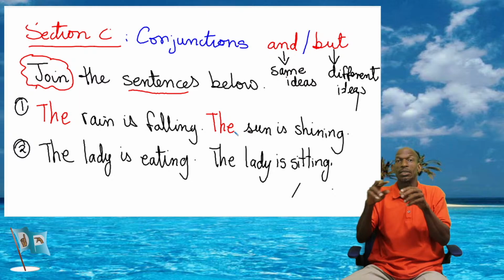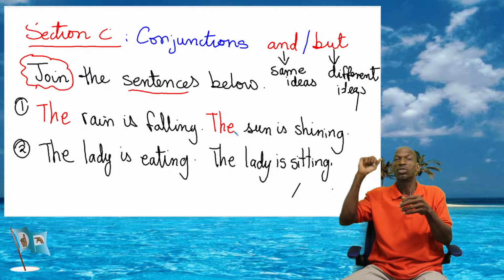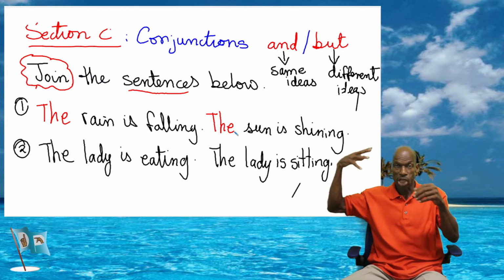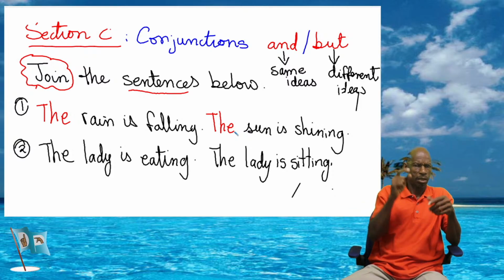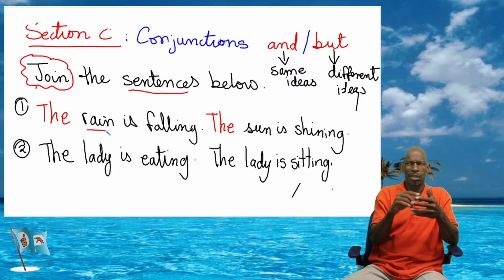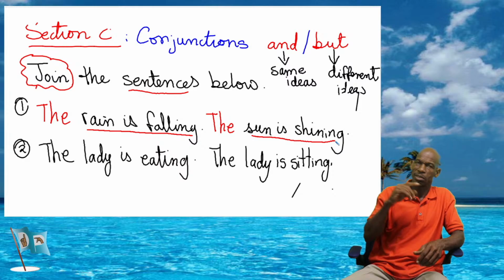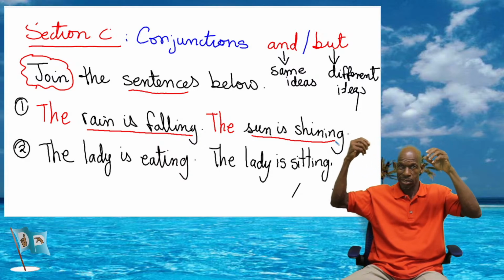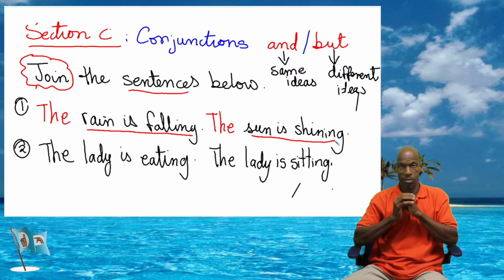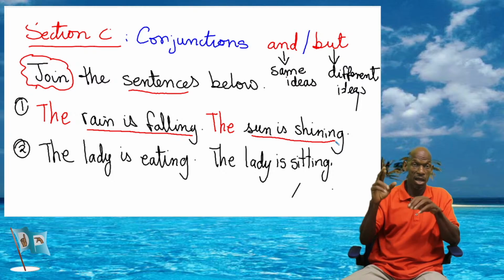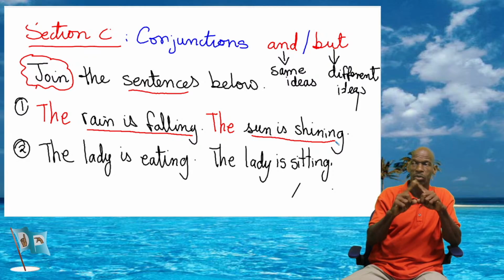What is the idea? One sentence is saying the rain is falling, one is saying the sun is shining. Same time the rain falling, same time the sun shining. Are those ideas the same or different? So you know which one to use to join.